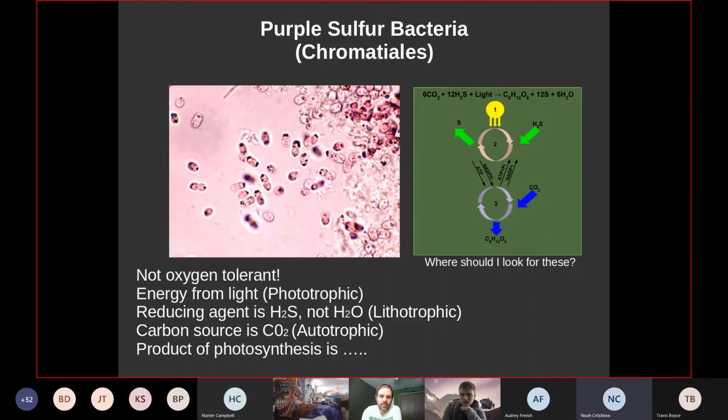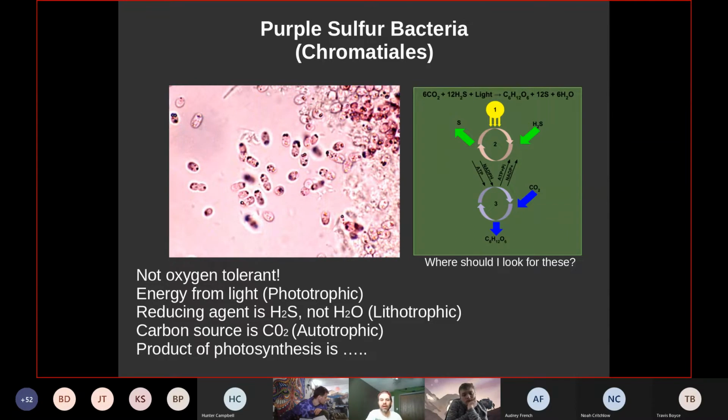All right, where would you look for these in nature? Near hot springs and I imagine volcanoes. So are they an extremophile? They are an extremophile. So, dihydrogen sulfide, anyone know? Yeah, that's largely volcanic in origin. So we've got thermal vents, that kind of thing, but they're not oxygen tolerant.